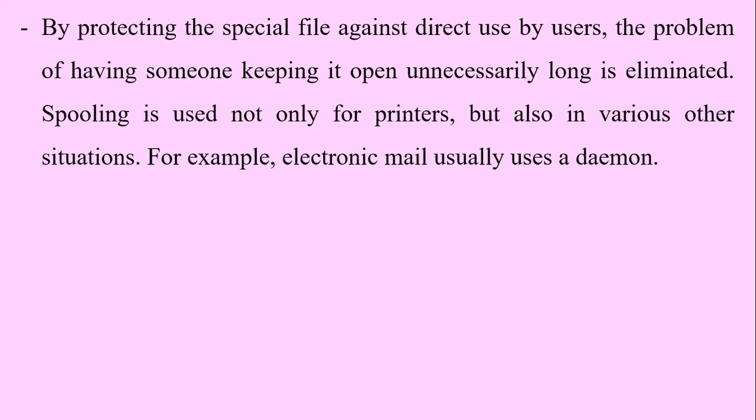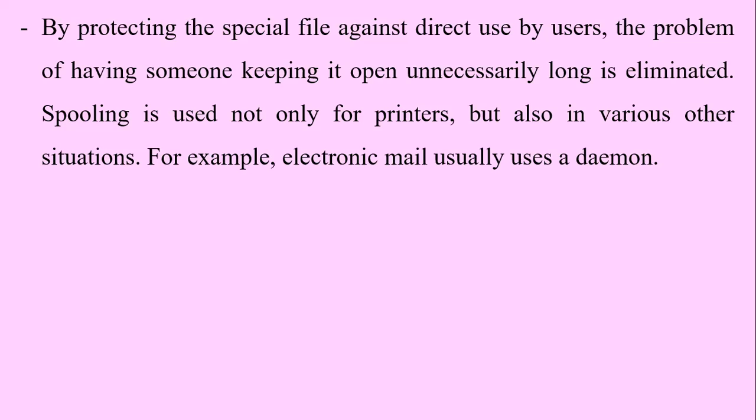By protecting the special file against direct use by users, the problem of having someone keeping it open unnecessarily long is eliminated. Spooling is used not only for printers, but also in various other situations.